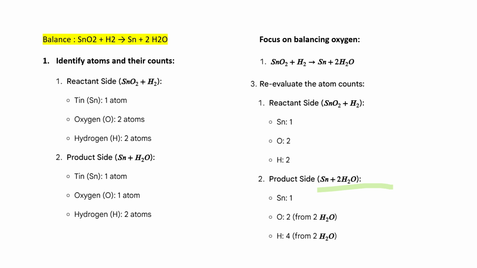On the reactant side, SnO2 and H2, there is 1 tin, 2 oxygens, and 2 hydrogens. And on the product side, Sn plus 2H2O, there is 1 tin, 2 oxygens, and 4 hydrogens. So now, let's balance the hydrogens.